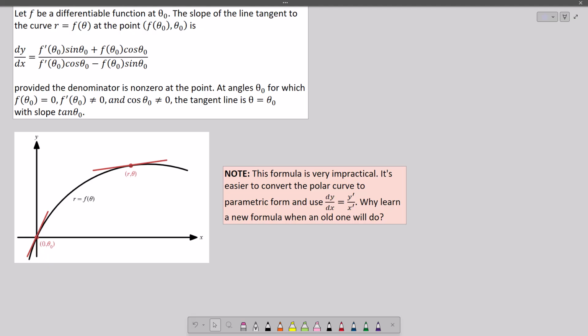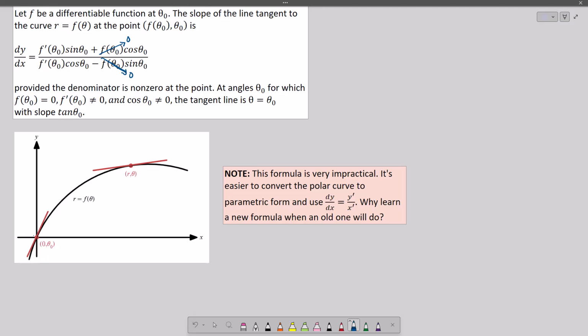So if you look at this, if you're at that point right there, then this is equal to 0, and this is equal to 0. So the derivative would reduce to just this. Okay? So if the curve is going through the origin, the radial value is 0 here. So the radial value is the function. So if we have a theta value, namely theta sub 0, and you plug it in there and you get 0, then these two are gone.